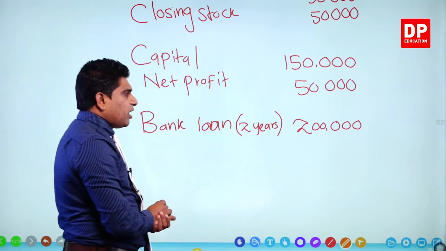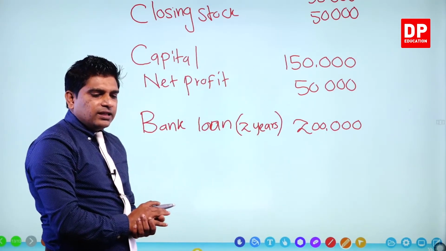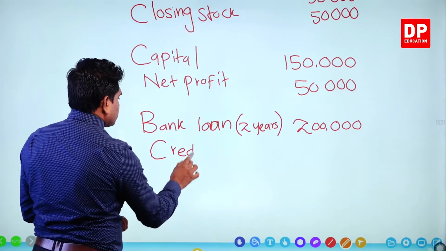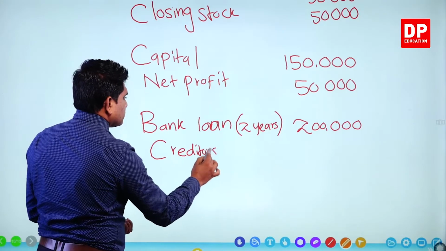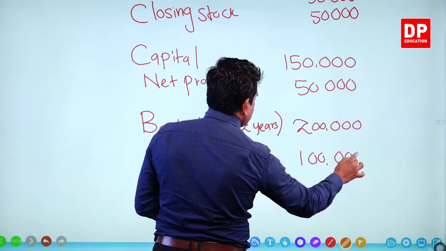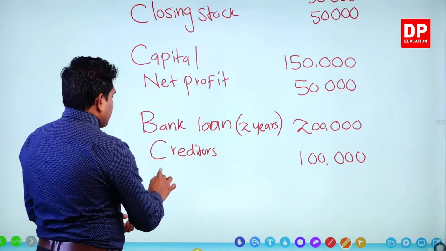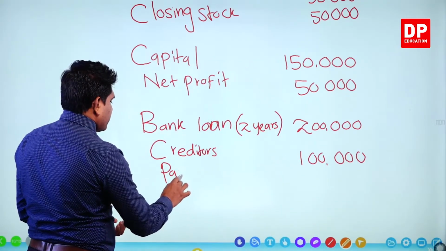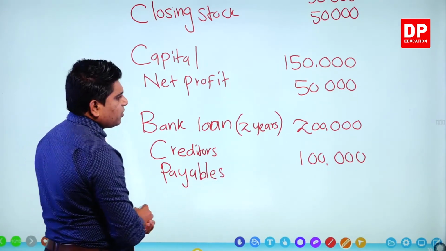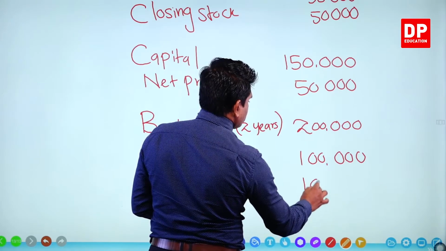It means non-current liability. Right? Creditors are given 100,000. Right? Payables. Any payables, right? Payables also 100,000.